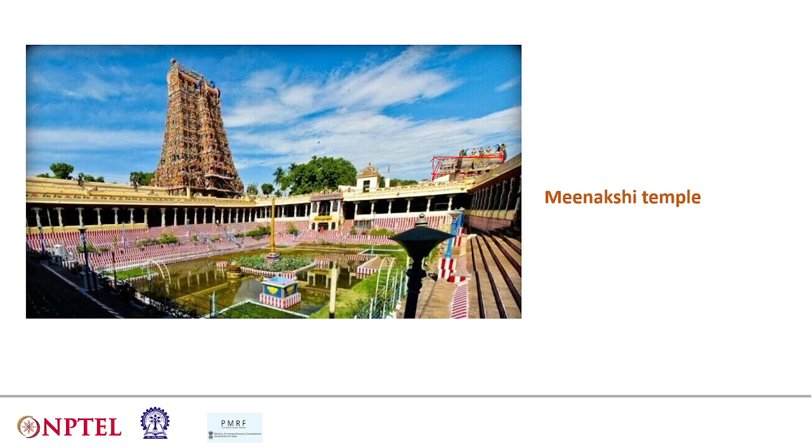But the gopurams are very prominent. They might not always have images or sculptures of deities; they can be inspired by something else. They are highly, intricately decorated, very tall, and can be seen from far away places. So that's the example of Meenakshi temple.